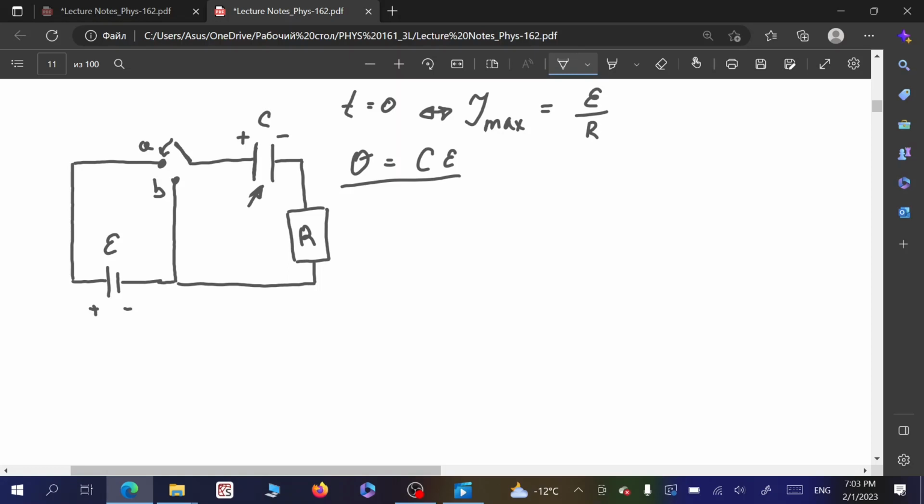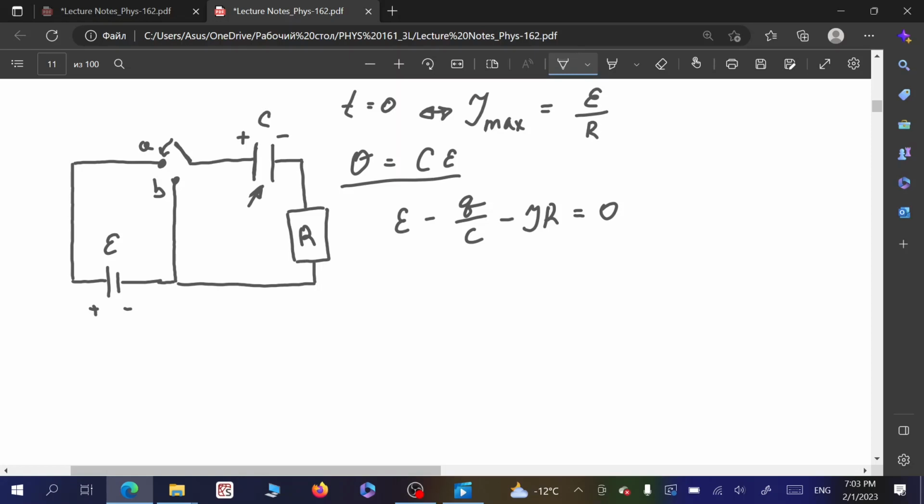So we can apply second Kirchhoff's law, the loop law, to this electric circuit, this large loop. It will look like epsilon minus Q over C minus I times R, that is equal to 0. So Q here is magnitude of electric charge accumulated at the plates of the capacitor.